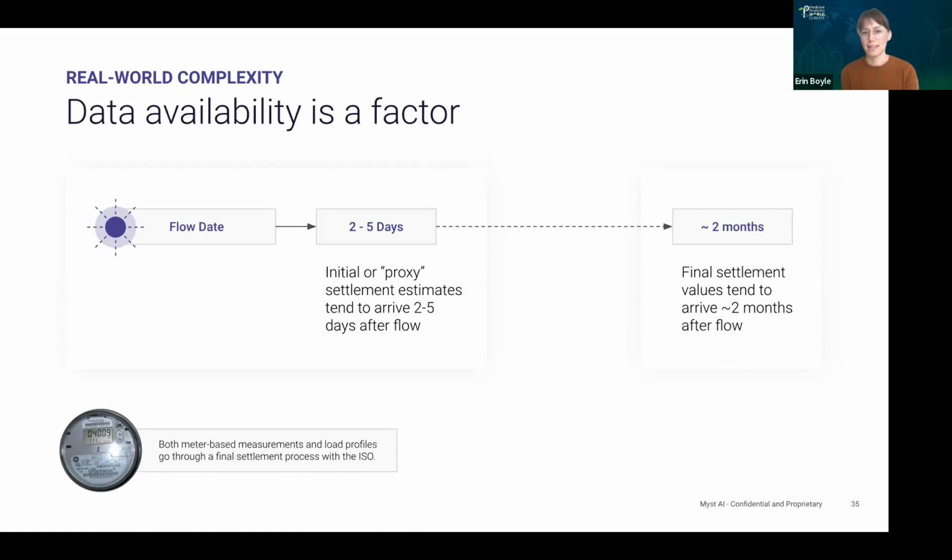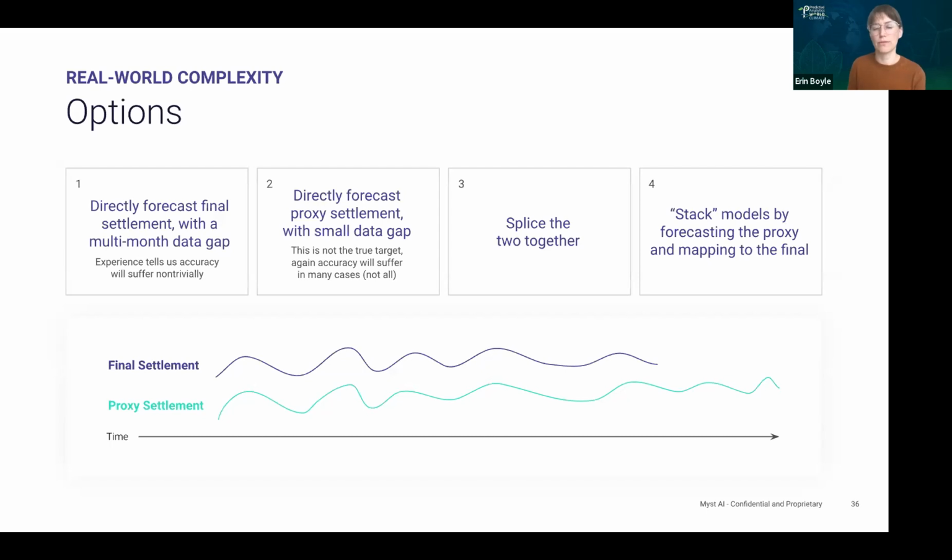So, as I mentioned, if you're forecasting demand and you're integrating with real data, you're going to get this proxy data that comes in 2 to 5 days after flow, and you're going to get this final data that comes in about 2 months after flow. We have seen the data be structured slightly different ways than this as well, but this is a pretty common one. So if you're a data scientist forecasting that final settlement, what are your options? What might you try?